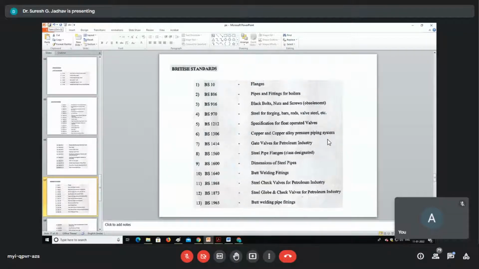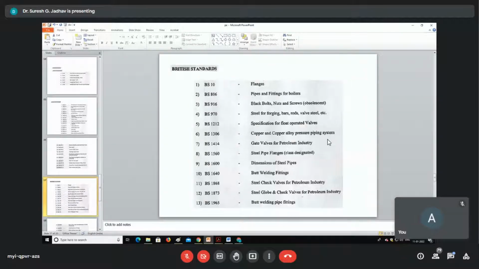Accordingly, a lot of BS and DIN, that is German, standards are getting replaced by EN standards. There are certain British standards referred by Indian manufacturers. So in our country, we use some BS standards for the construction of piping elements such as valves, flanges, couplings, elbows, unions, that kind of piping components, in India.